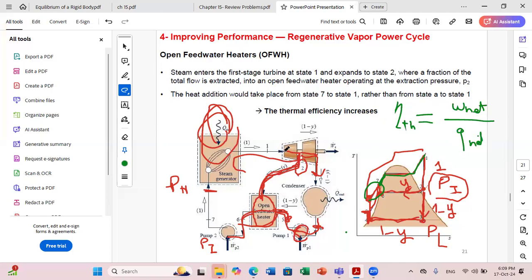We need to consider first the value of w turbine 1. So I should ask myself, what is the fraction of mass in turbine 1? It's 1, okay? So w net is equal to w turbine 1 multiplied by 1, so by 100%, since the fraction of flow rate is 100%. While for w turbine 2, I just have a fraction. So the fraction is 1 minus Y. So plus w turbine 2.